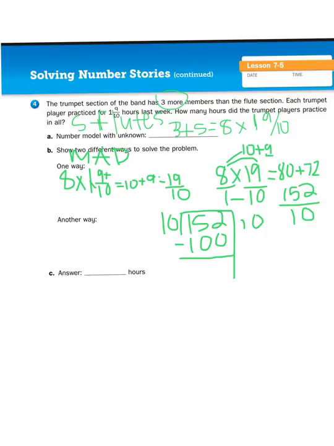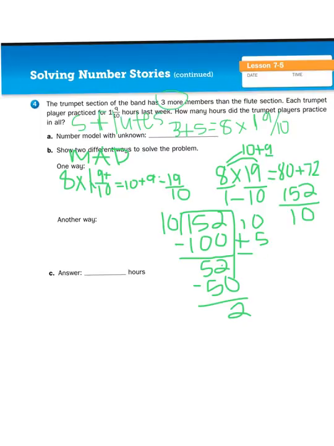If I subtract 100 from 152, I have 52 left over. 10 times 5 is 50. And that's close to 52. If I do 52 minus 50, that's 2 left over. I cannot multiply 10 times a number and it be less than 2. So I know that 2 is going to be my remainder.